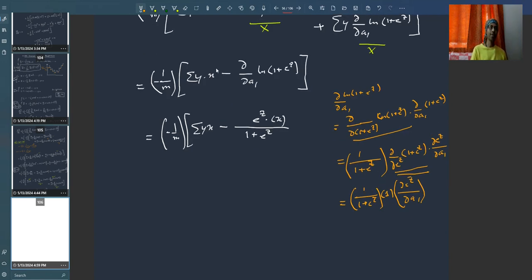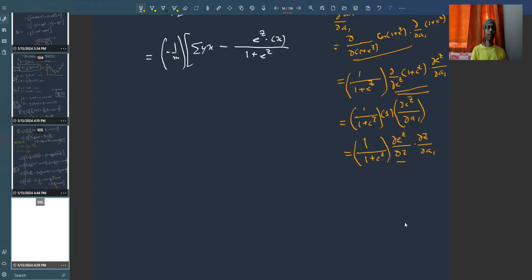Now del e to the power z by del a1, this can be further simplified. We can mentally do it, friends. Once we are used to doing it, we can mentally do it actually. So z, this can be again decomposed further. This is like del e to the power z by del z multiplied by del z del a1.